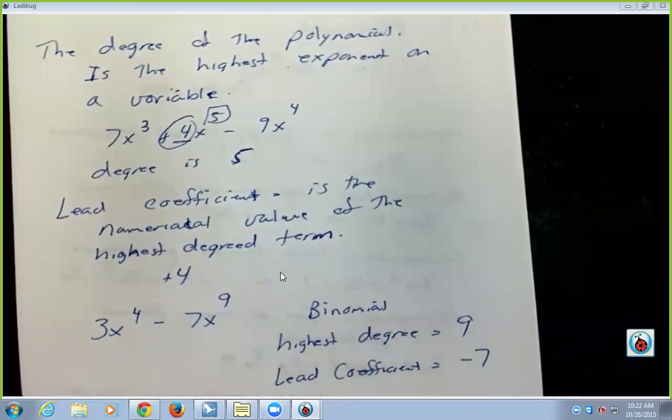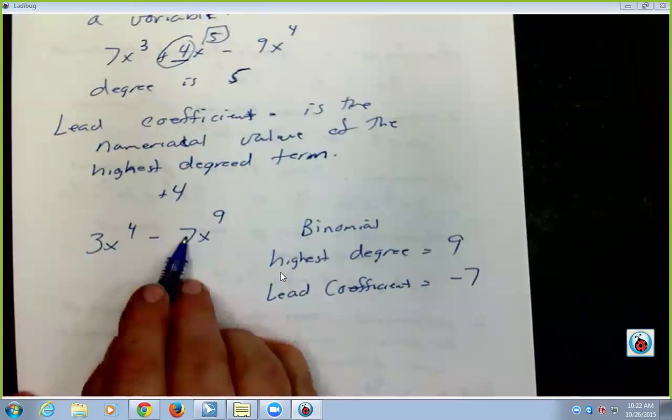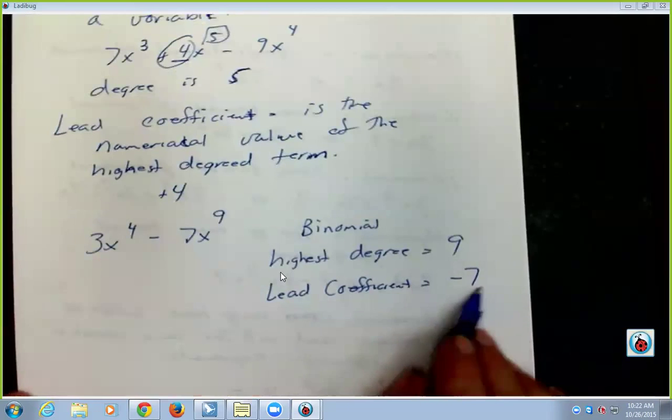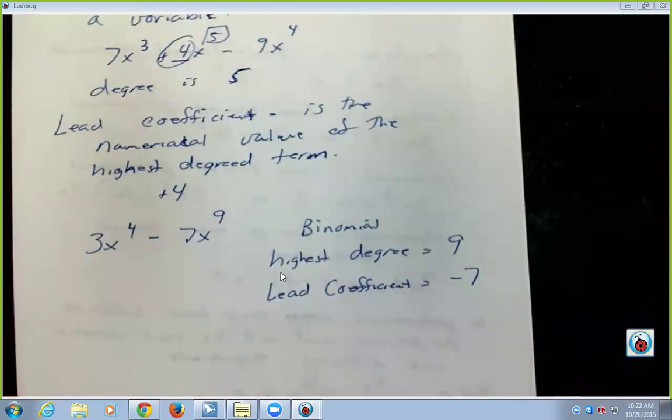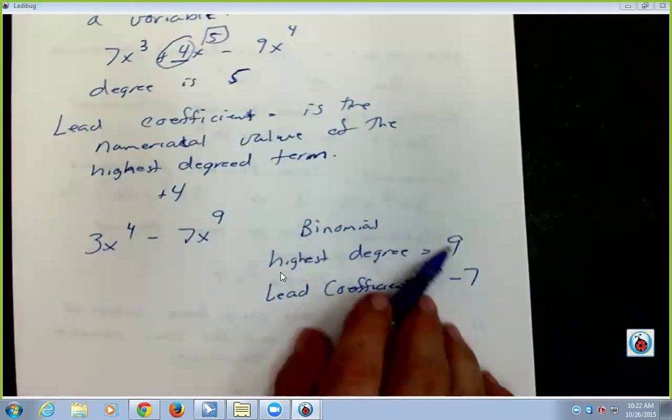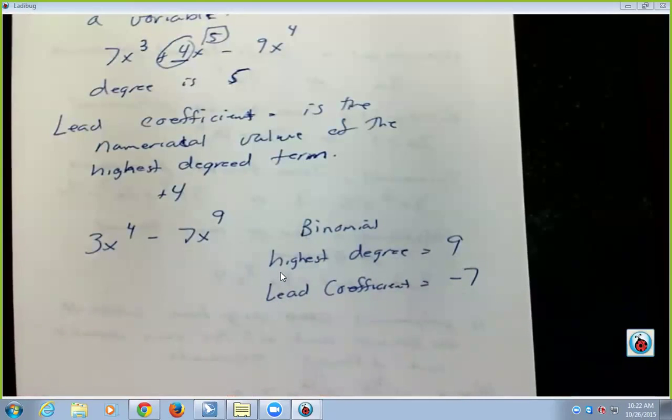Yes. Yep, -7. You need to watch your sign that's ahead of it because that's a -7. So my lead coefficient is a -7, not a +7. That's kind of an easy mistake to make because you don't always pay attention to the sign that's in front. You're just looking at the number and thinking, I just got to get this number in there and then everything's good. But sometimes you got to watch those and make sure that you're looking at your pieces.